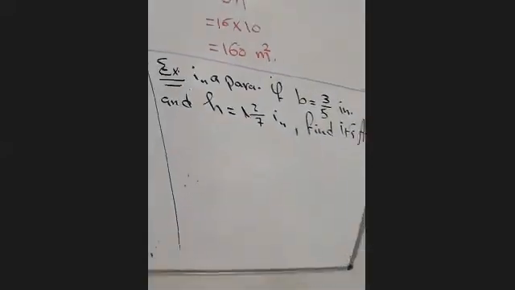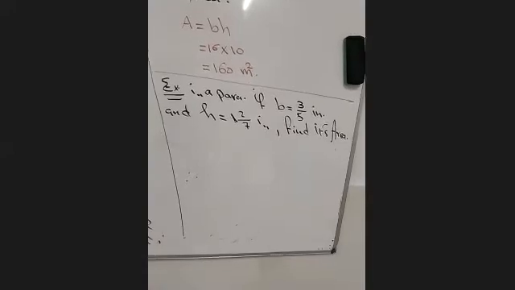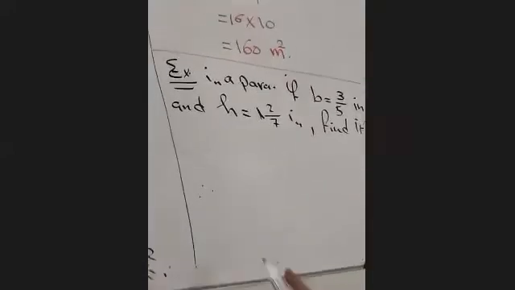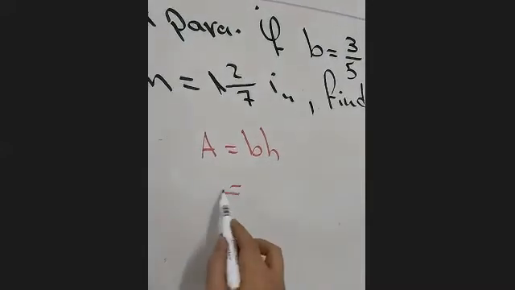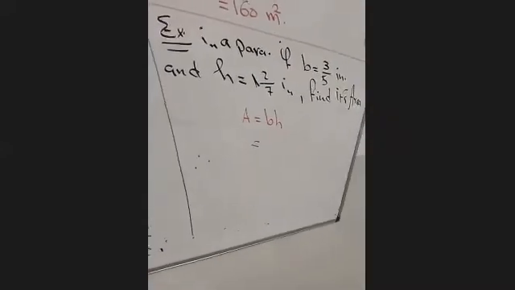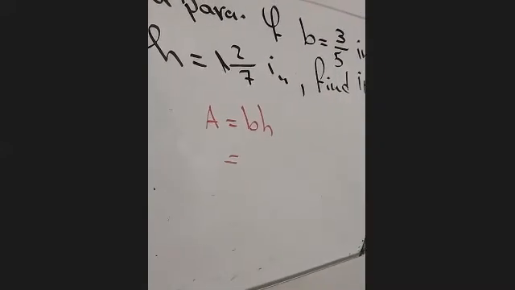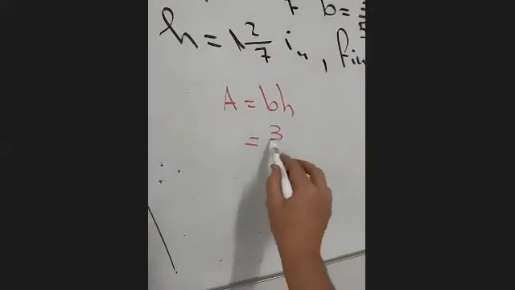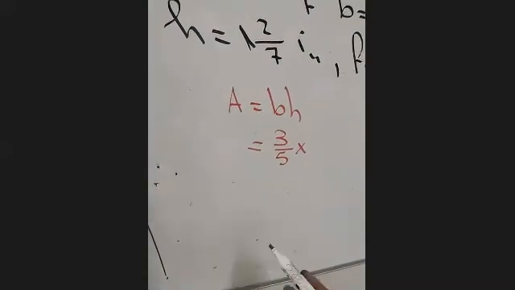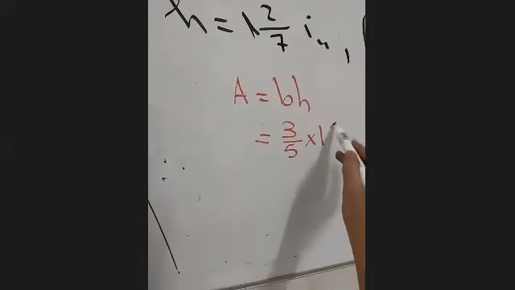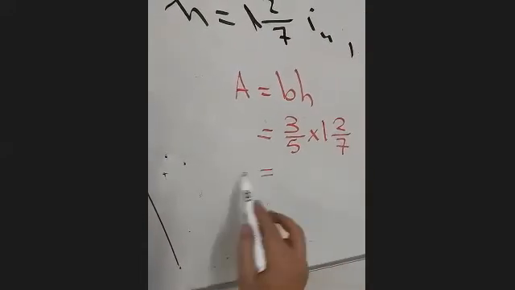How do we solve this question? Write the formula A equal BH, then equal 3/5 multiply 1 and 2/7.